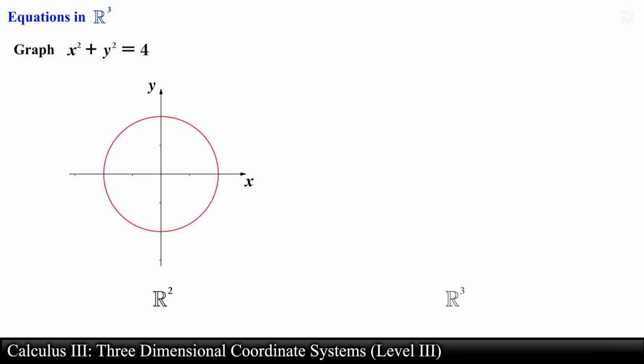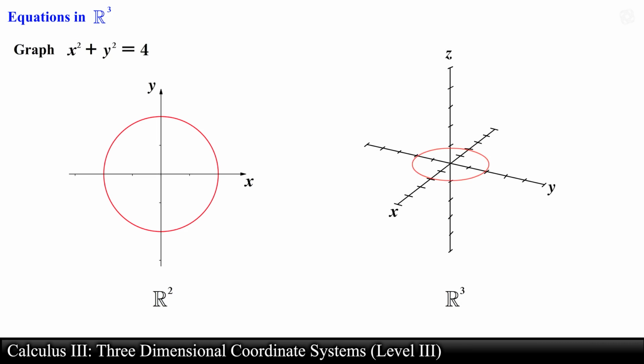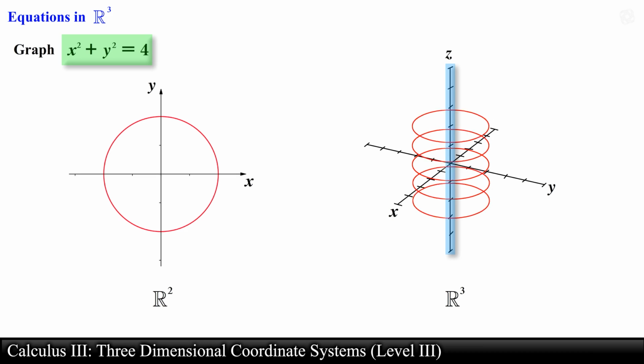Now, if we want to graph this equation in R cubed, we go ahead and graph this curve on the xy plane as follows. Next, we notice that the variable z is not expressed in the equation. Remember, this means that every single value of z, both positive and negative, will have copies of this curve, which has the shape of a circle.